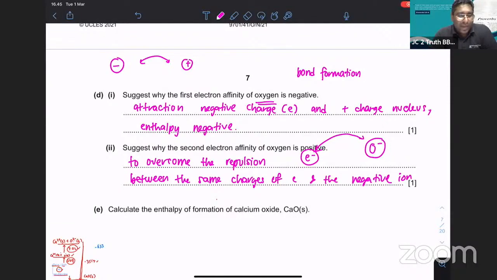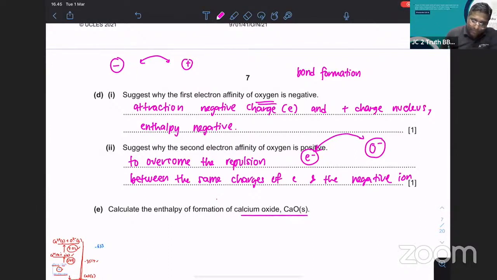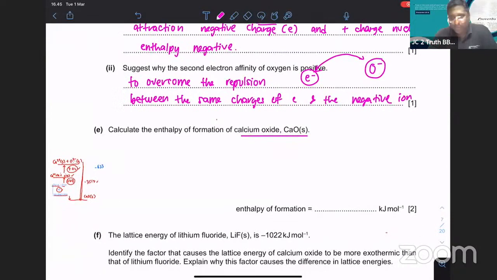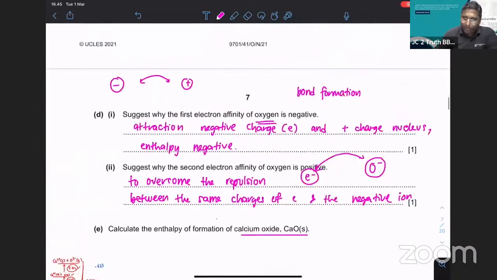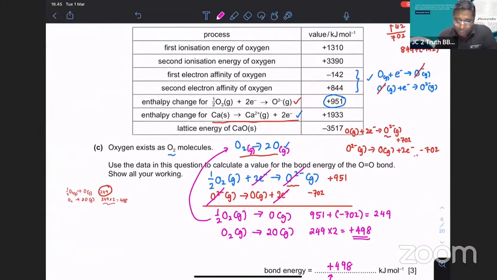Now, the next part is calculating the enthalpy of formation of calcium oxide. If you want to form calcium oxide, we normally draw the Born-Haber cycle. But for this equation, the Born-Haber cycle involves some shortcuts. Normally we atomize calcium, then ionize calcium, but they have already done that.